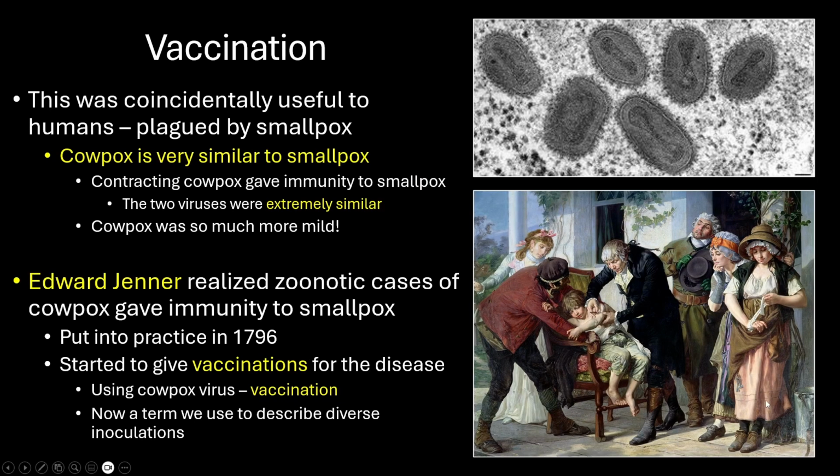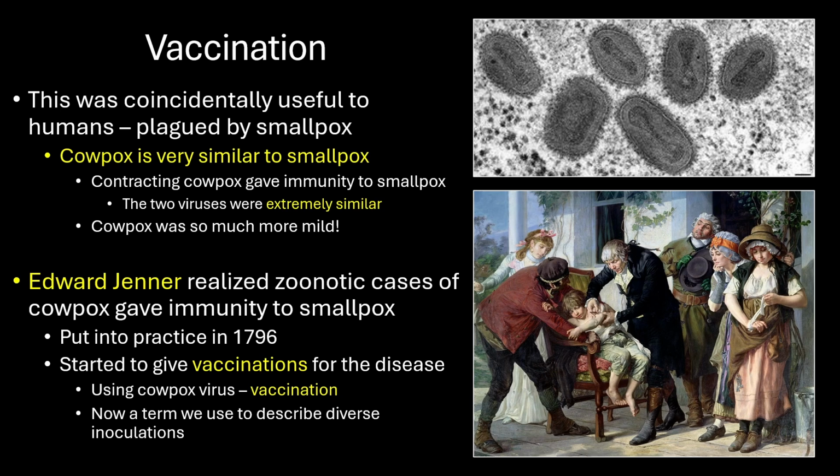So this periodic zoonotic spillover was actually kind of useful in a weird way to humans, though, because humans were plagued by smallpox for millennia, and smallpox was a really devastating disease. It had very high mortality rates, and if you contracted it and you survived, it would still really scar your body. But there was an interesting observation for people that contracted cowpox.